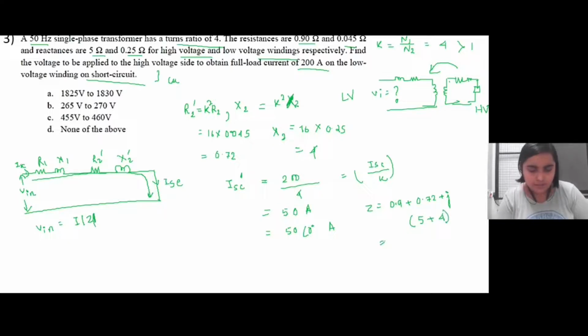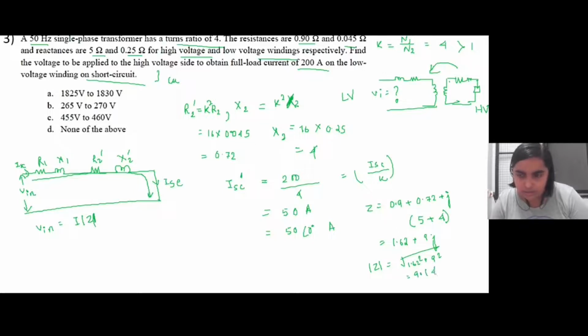So it is 0.9 plus 0.72, which is 1.62, plus J9. If we simply calculate the magnitude, it will be the square root of 1.62 square plus 9 square, which is 9.144. And the angle of Z will be tan inverse of 9 by 1.62, right.